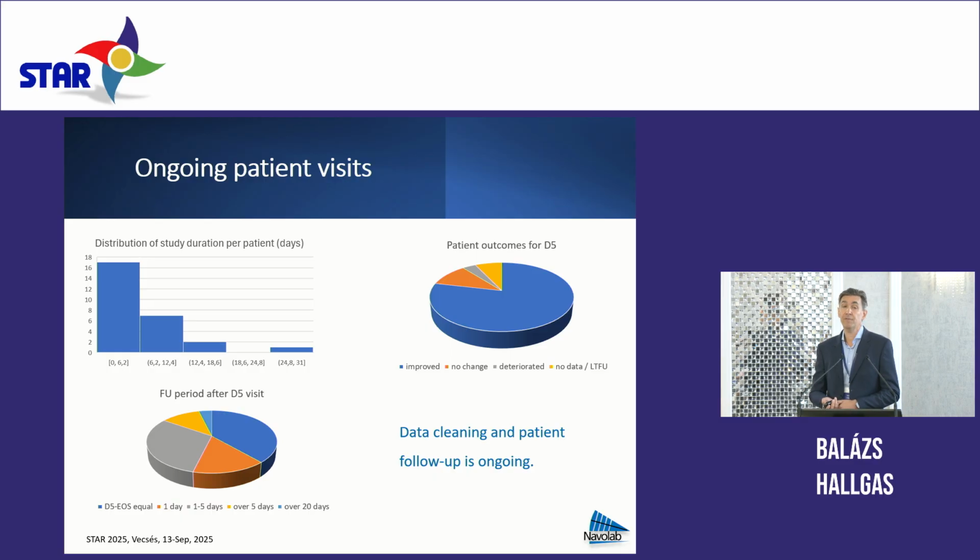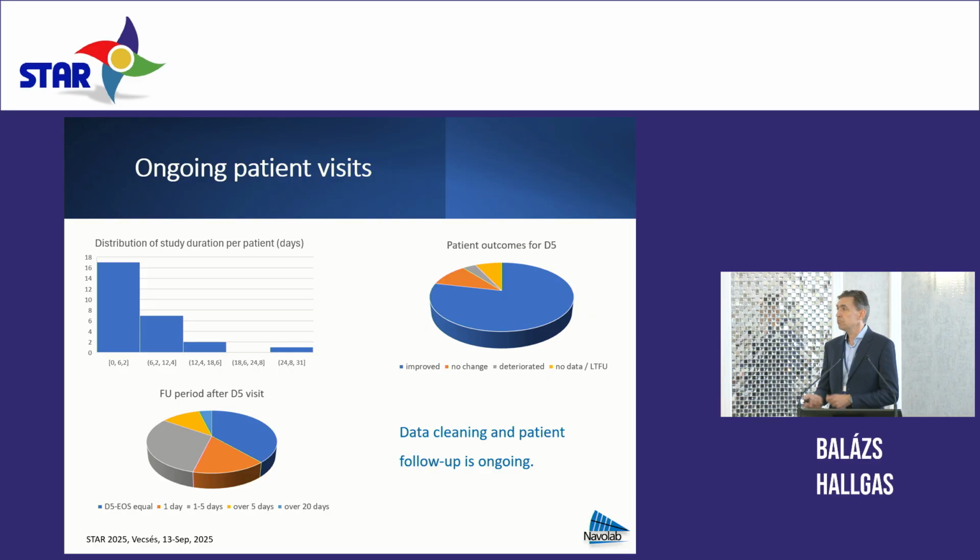So by the 5th day of the treatment, the patients usually improve regarding the disease status, and there were just very few patients, 3 patients, where no change was seen in the status, and only 1 patient deteriorated.